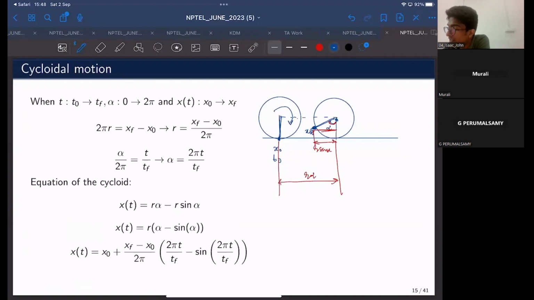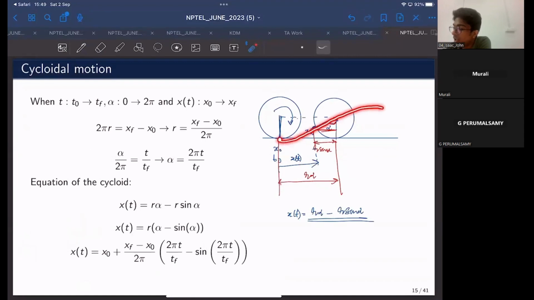Then what would be the distance from the initial position all the way to this position x of t? This would be x of t equals r alpha minus r sine alpha. So the equation of this point on the cycloid is nothing but r alpha minus r sine alpha.